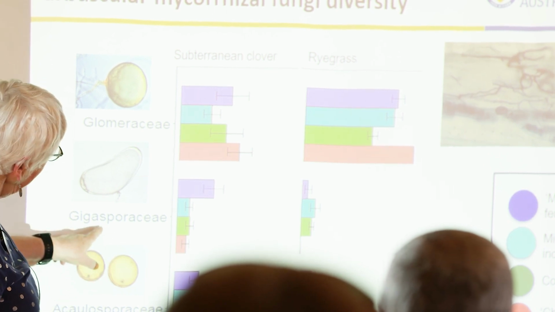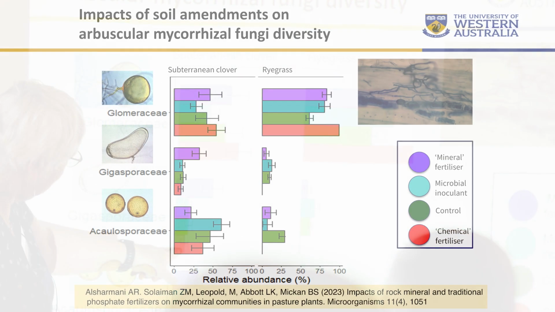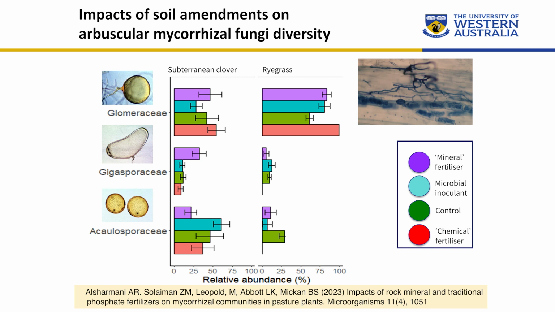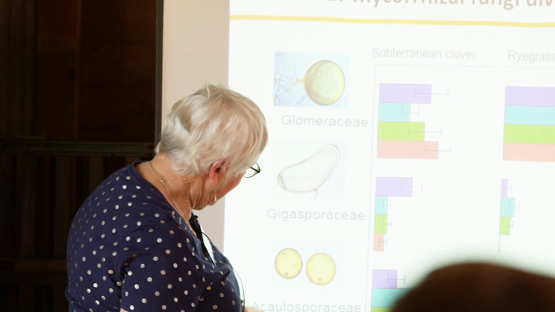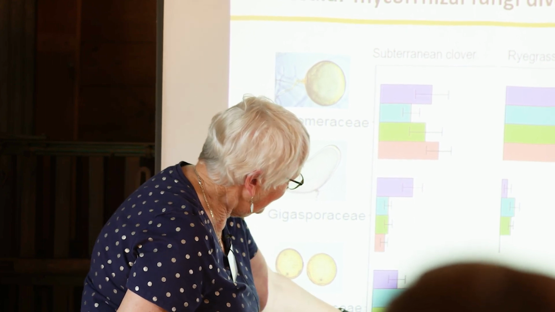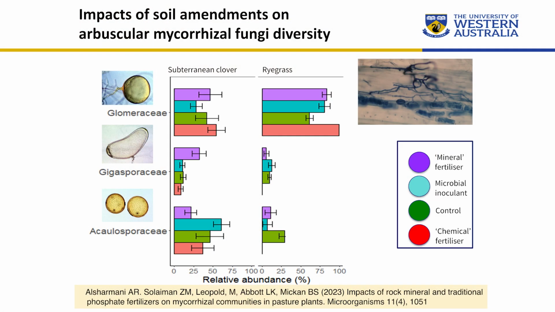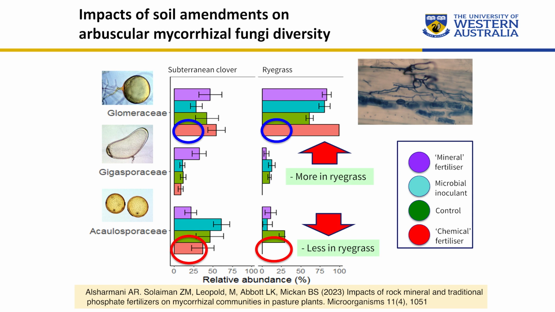Now, when you go down here, a little bit of it in the clover, couldn't find it here. Go down here, a little bit here, but couldn't find it in that. These are subtle differences in relative abundance, okay? So when you look at that, you find that some fungi will be more dominant in some plants than others.